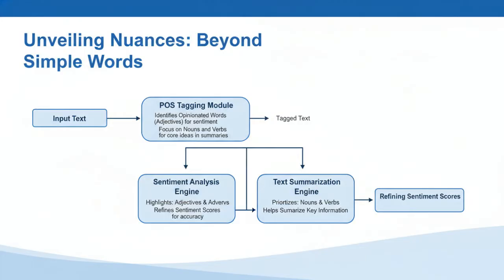For text summarization, POS tags help identify the most important nouns and verbs, which typically represent the core subjects and actions of a text. This allows summarization algorithms to extract the most salient sentences or phrases, creating concise and accurate summaries without losing the main ideas. It moves beyond superficial word counting to a deeper understanding of textual content.